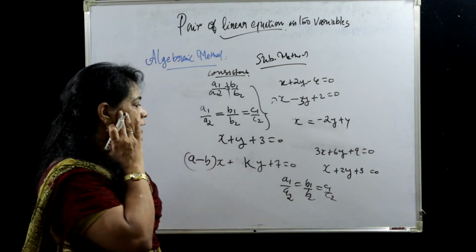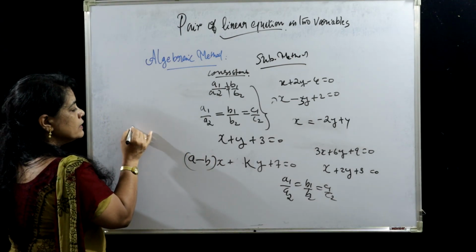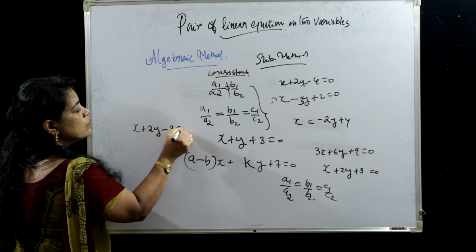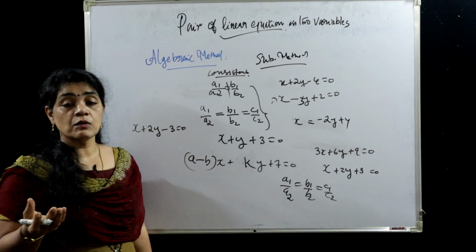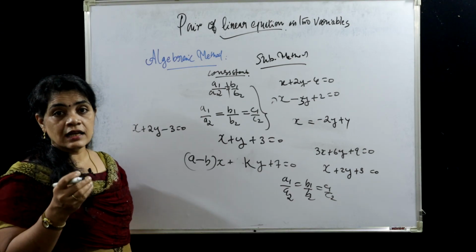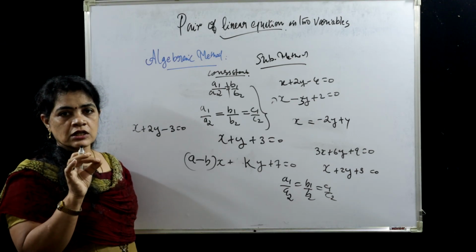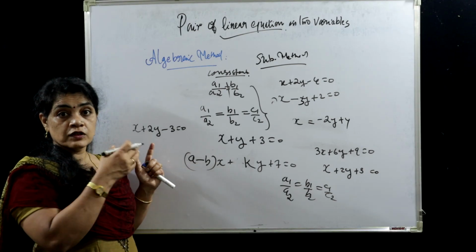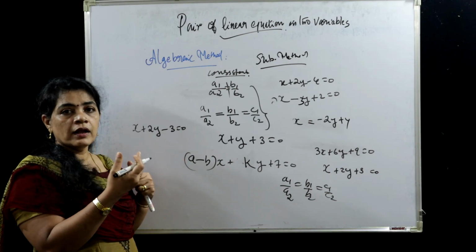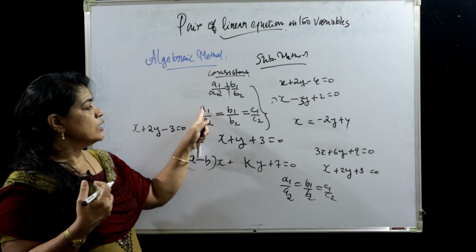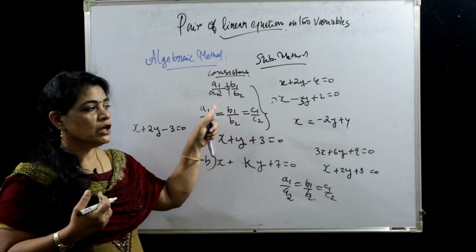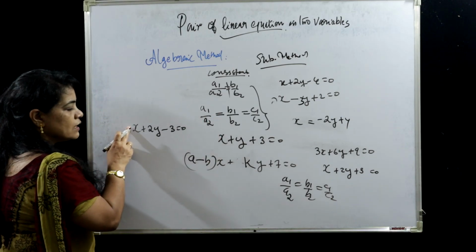Sometimes you are given a linear equation in two variables, that is x plus 2y minus 3 equal to 0. Sometimes in the question paper you should write or select the equation which matches the dependent solution of the given one. That means you have to apply this case, that is a1 by a2 equal to b1 by b2 equal to c1 by c2. Here the ratio is 1.